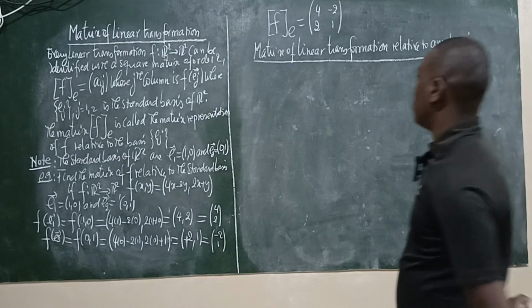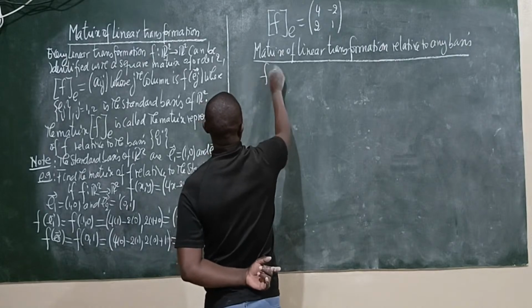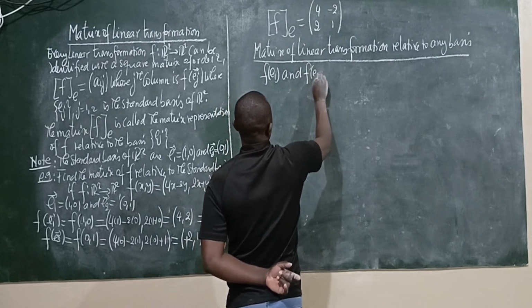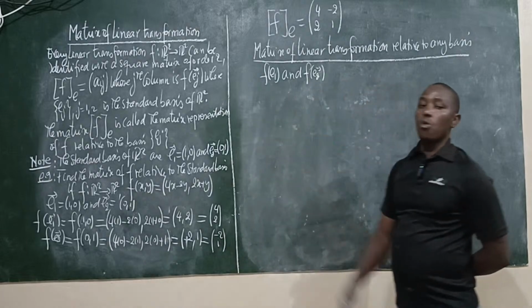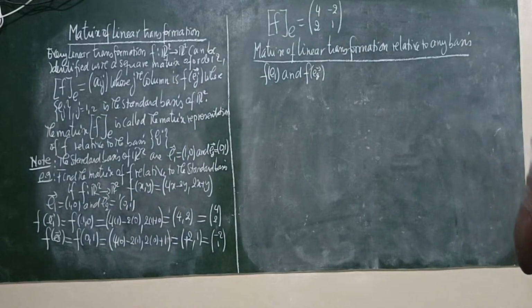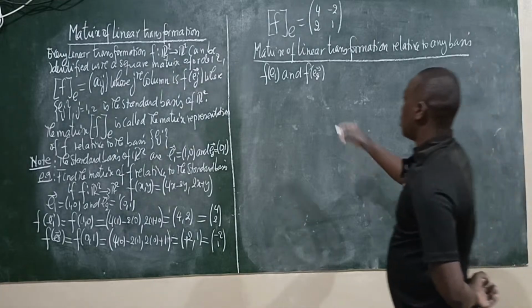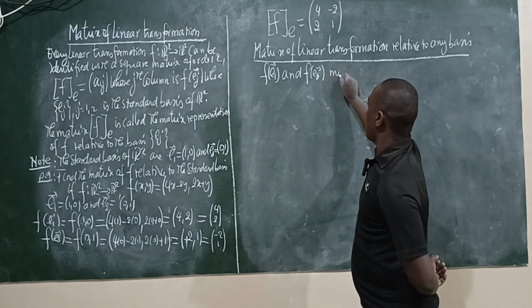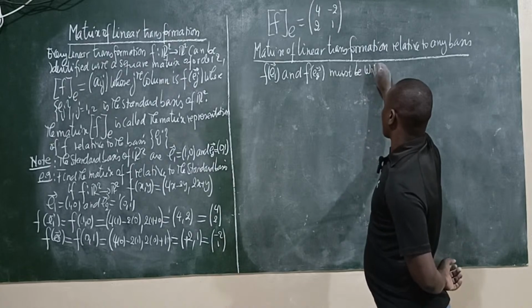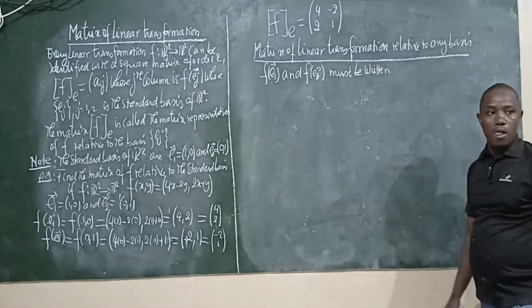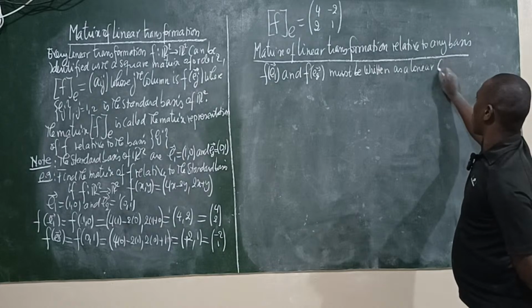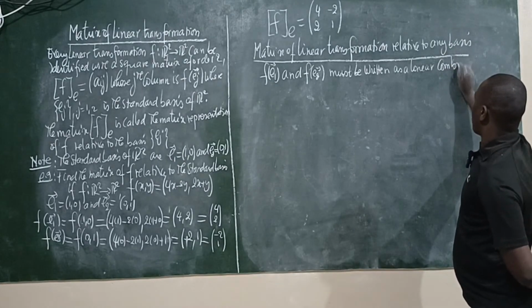Look, we have f of e1 and f of e2. Both f of e1 and f of e2 must be written as a linear combination of the bases here given.